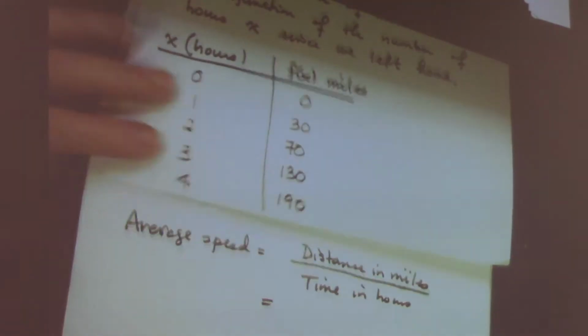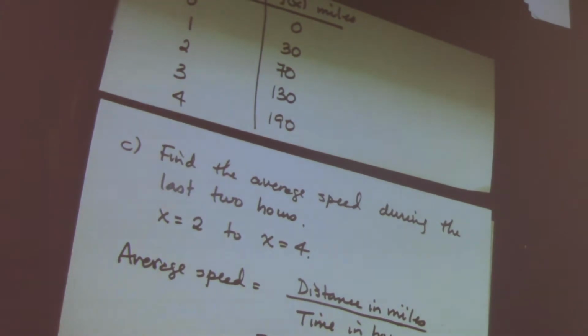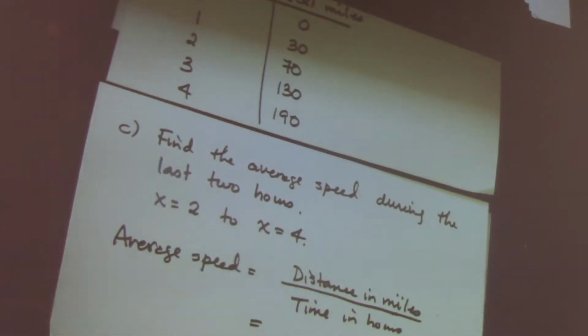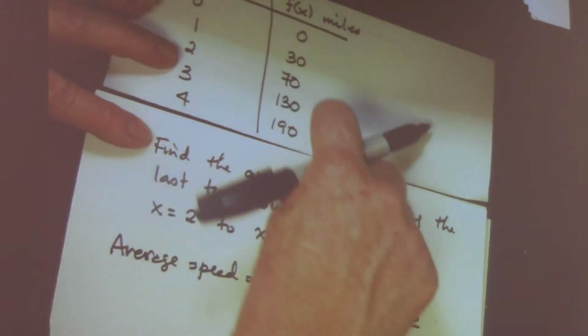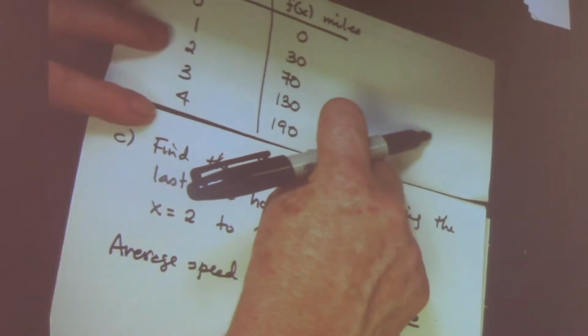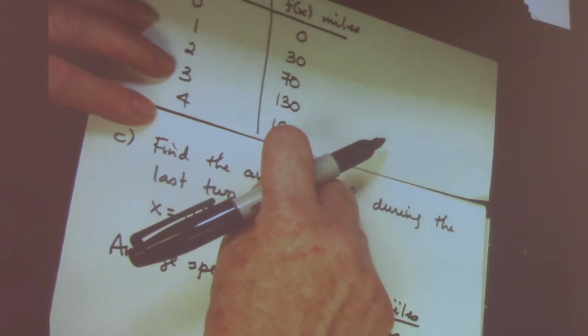Okay, so from x equals 2 to x equals 4, how many miles was I able to go? Yeah, so I was able to go 70 miles after 2 hours and then 190 miles after 4 hours.